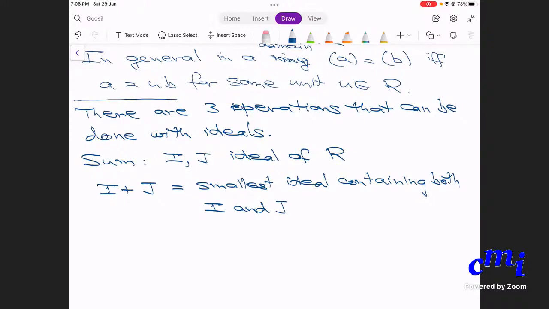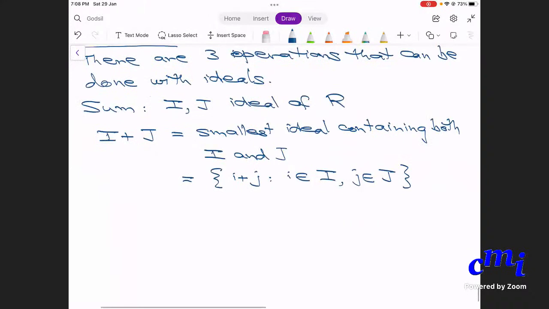But there is an internal description. This is also the same as the set of all i plus j, where i belongs to I and j belongs to J. It's a collection of all elements of the ring of the form i plus j, where i is in I and j is in J. You can check that this is an ideal.